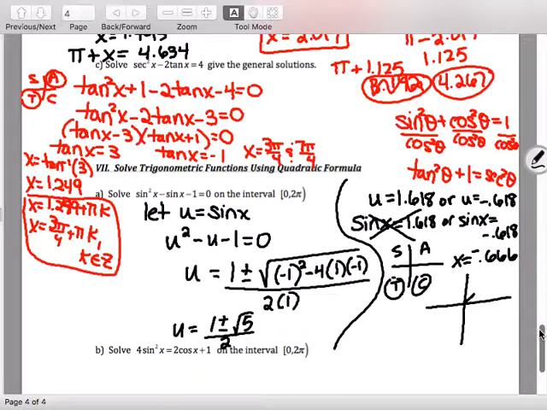So this was a clockwise rotation of 0.666 radians, so that means that is the reference angle. How are we going to find a coterminal angle that's in the fourth quadrant from 0 to 2 pi?